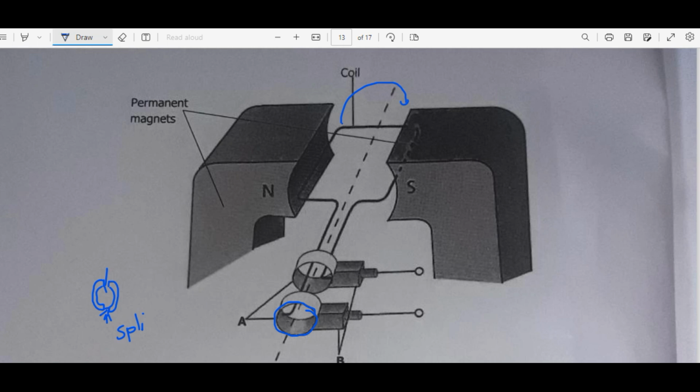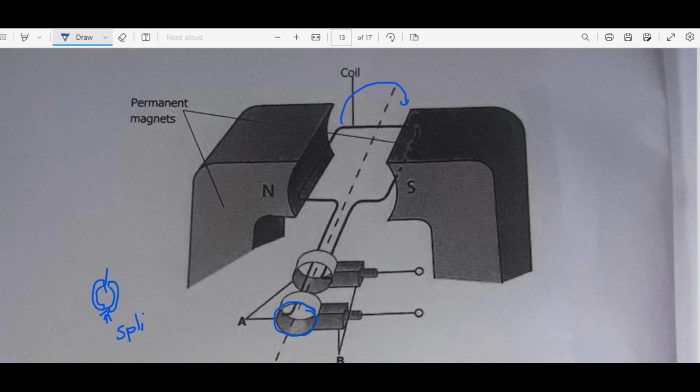Now, if we want to produce current or voltage with a greater value, what are we supposed to do in terms of rotation? The force that we are applying, how fast the coil is rotating, will determine the amount of EMF produced. So the first factor is how fast the coil is rotating.